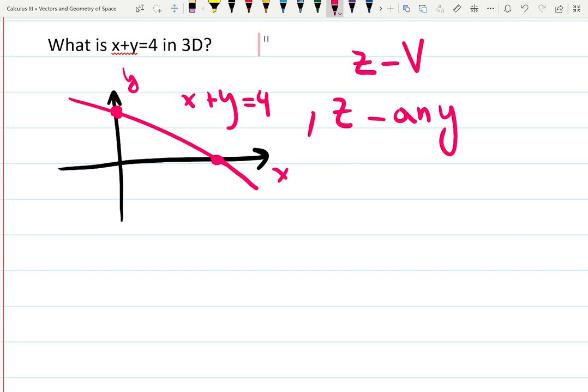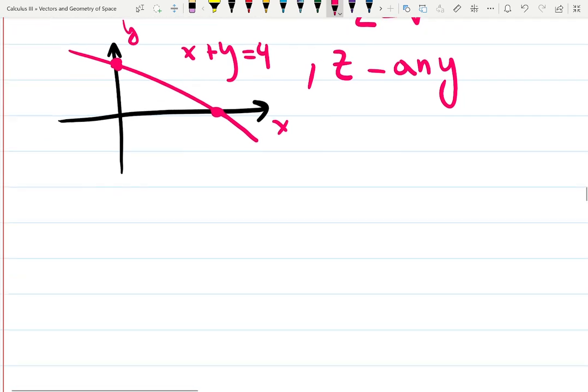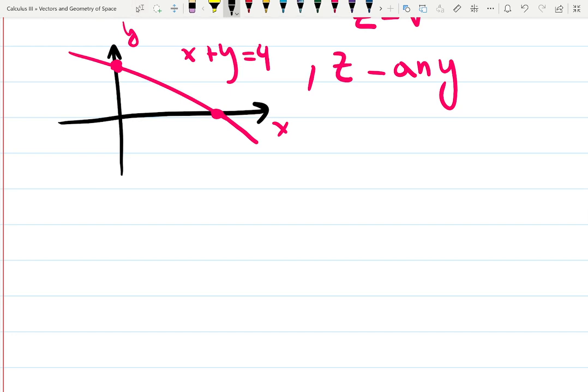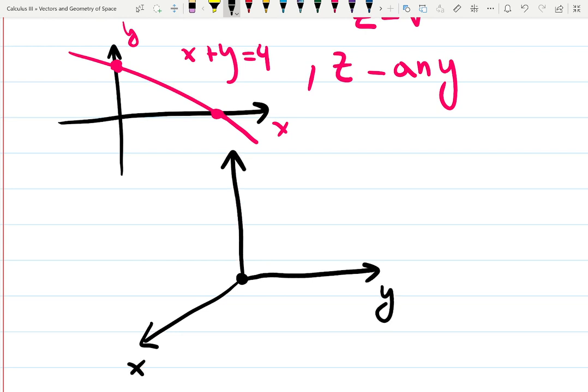Z is upside down A. That is international math notation for any Z. You don't have to know that, just letting you know. So let's draw it from scratch. X goes towards me, center. Y goes to the right. Z goes up. X, Y, Z. This is how you draw a 3D coordinates fast.